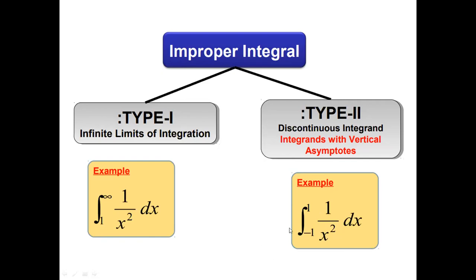If it's coming from the left side, it will be approaching downwards, but if it's coming from the right side, it will be approaching upwards. So your function has a discontinuity, even though you see that the limits are not infinite.